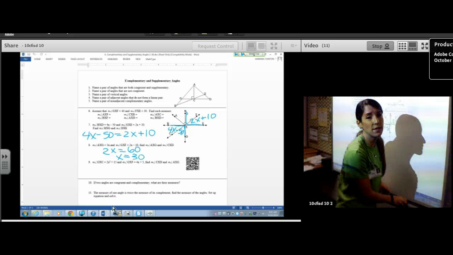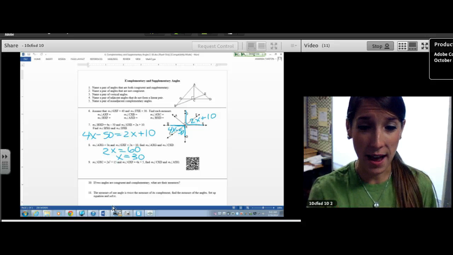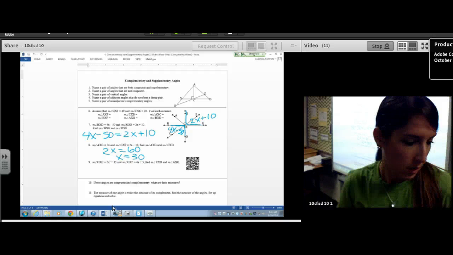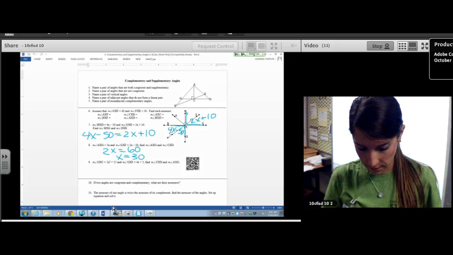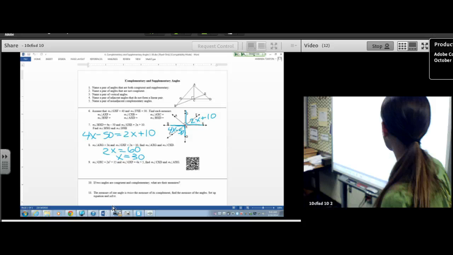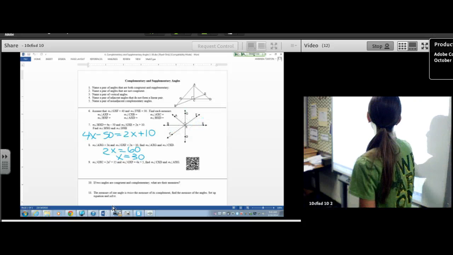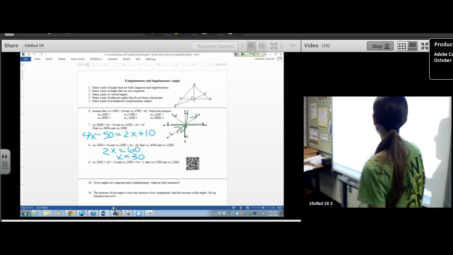But sometimes on these problems, solving for x isn't the tough part. It's finding the angles we ask you to find. So let's see. If x is 30, let's plug that in. 4 times 30 minus 50 is 70. So these angles we just solved are 70-degree angles. 70 and 70.